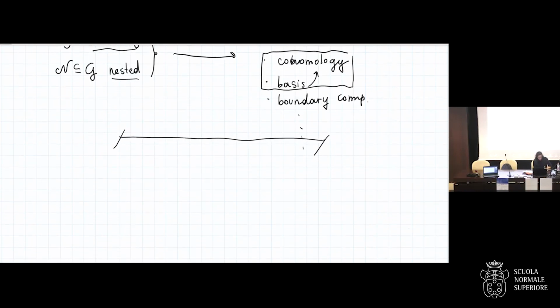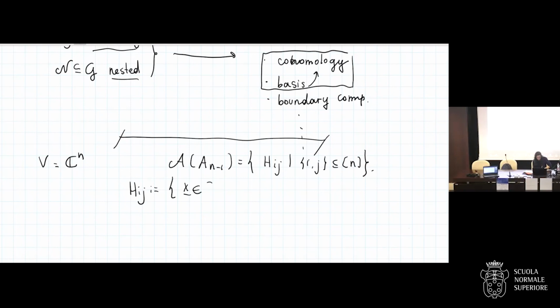So in C^n, we started taking the family of hyperplanes of type A_{n-1}, like in the Weyl group A_{n-1}, or like in the braid arrangement of type A. This is just the arrangement of hyperplanes H_ij, where {i,j} is a subset of [n], and H_ij is the following hyperplane.